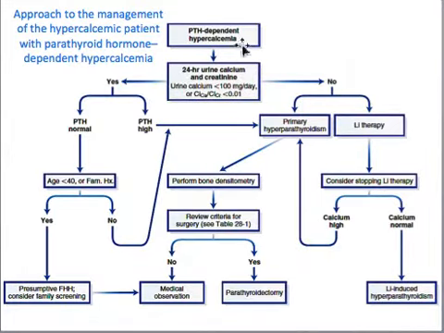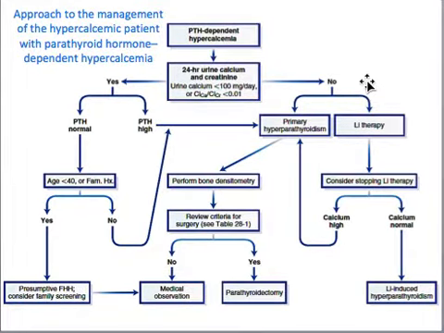In patients with PTH dependent hypercalcemia that you suspect to have primary hyperparathyroidism, it's very important to differentiate between primary hyperparathyroidism and familial hypocalciuric hypercalcemia.